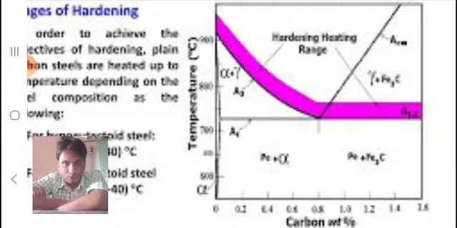In the hardening process we already discussed, we heat the steel into this range and suddenly quench it into water, maintained at some temperature or room temperature.